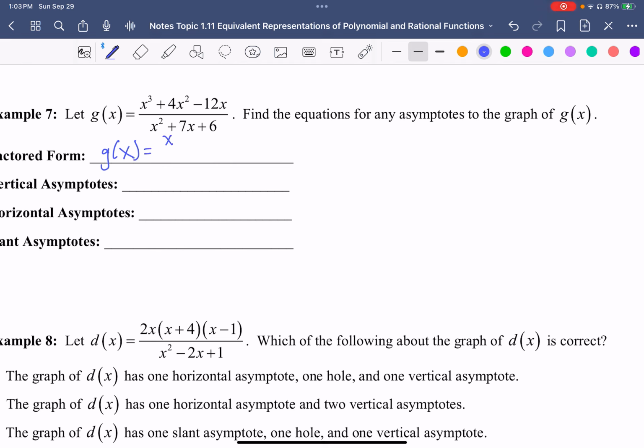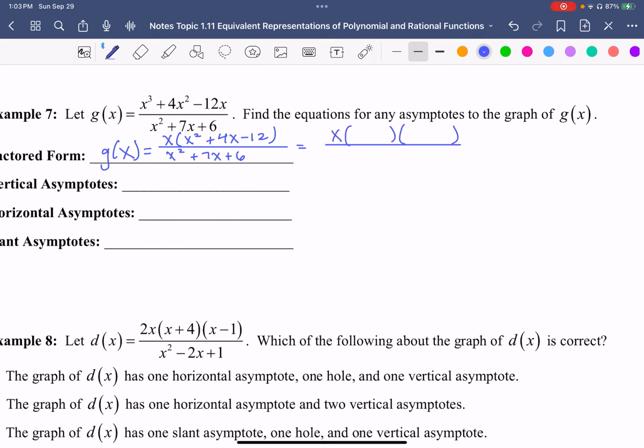They all share at least one x, which I will take out, and I would be left with x squared plus 4x minus 12. And then in the bottom, I have x squared plus 7x plus 6. Okay. Now I can do x method. Now don't forget we factored out an x, so make sure you put that x there before you do x method.